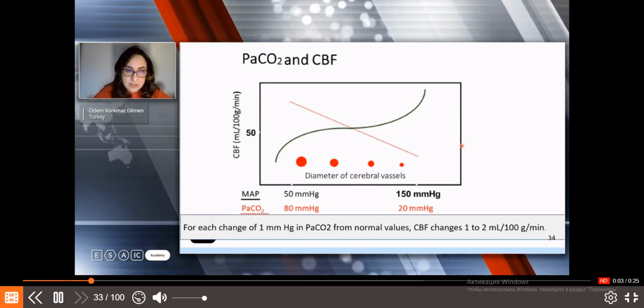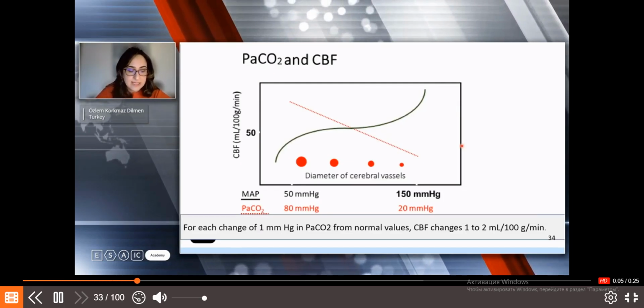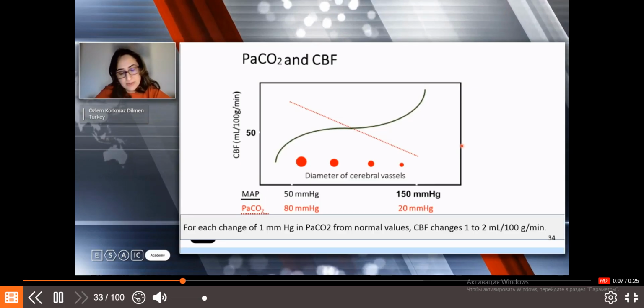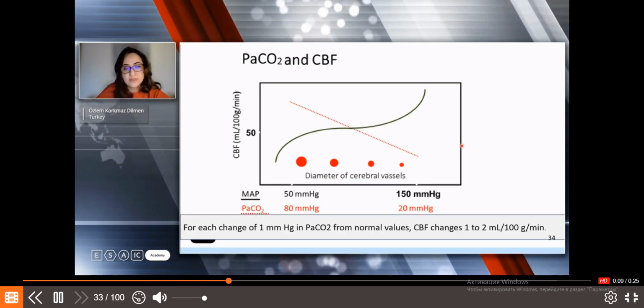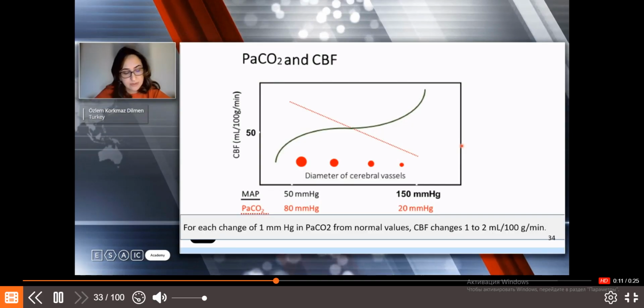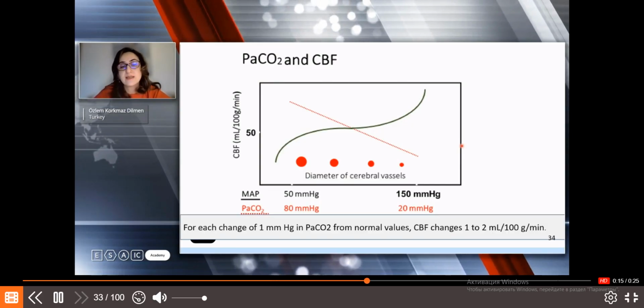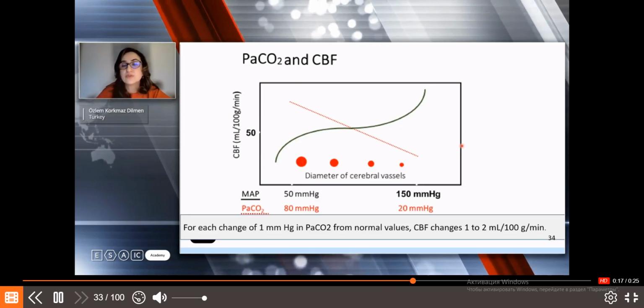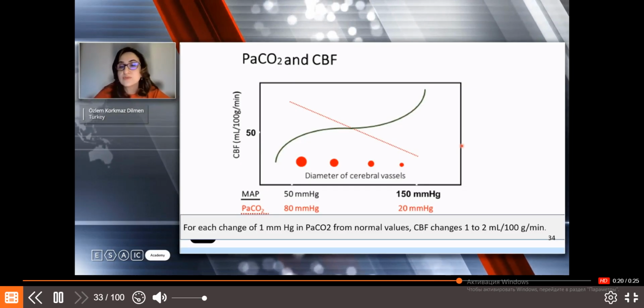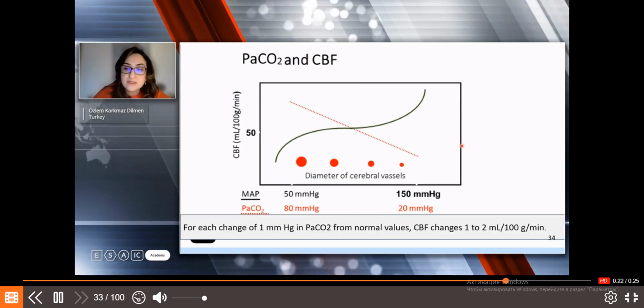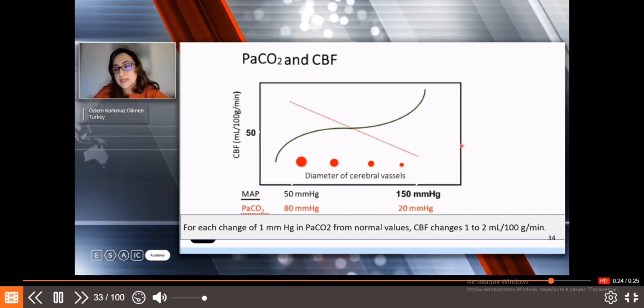At normal conditions, cerebral blood flow has a linear relationship with PCO2 between 20 to 80 mm mercury. For each change of 1 mm mercury in PCO2 from normal values, cerebral blood flow changes 1 to 2 ml per 100 gram brain tissue per minute.